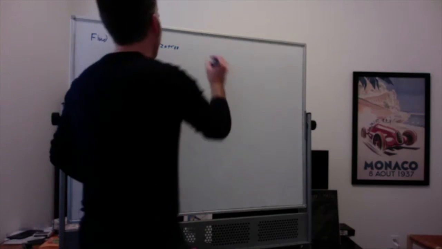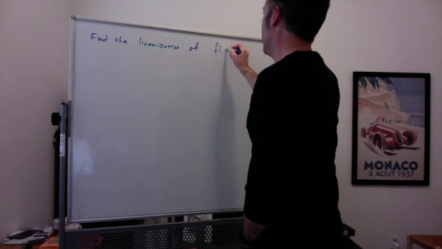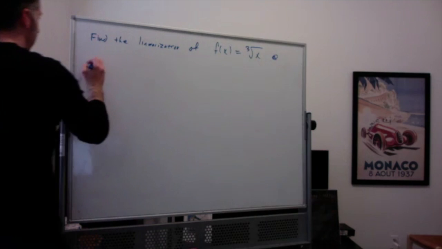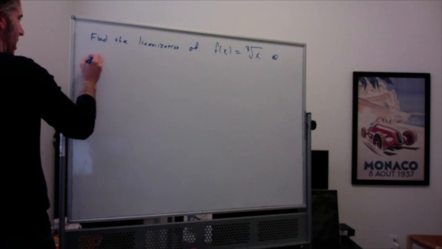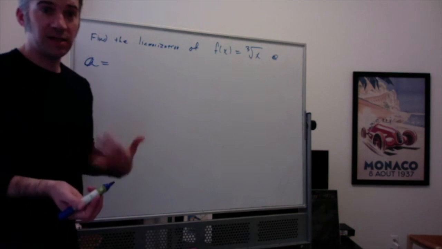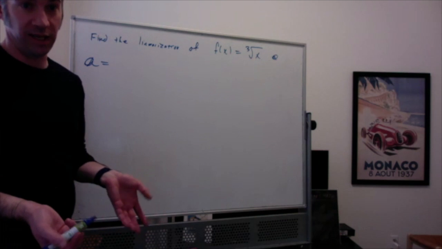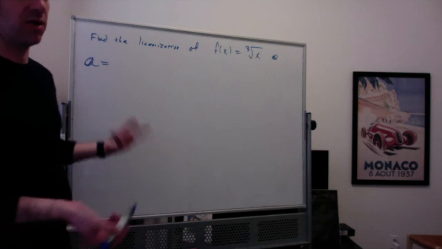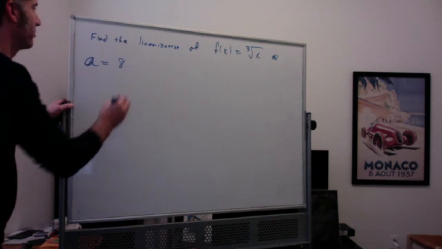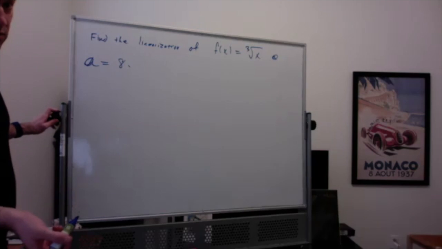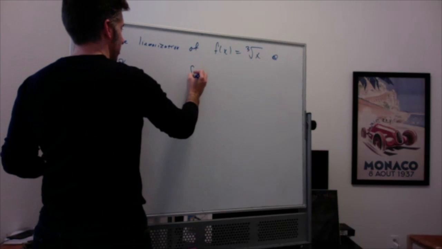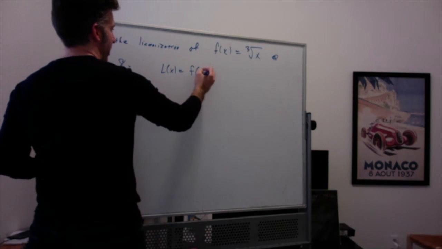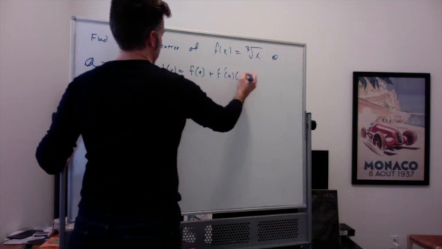Find the linearization of, say, f of x equal to the cube root of x at a equal to, typically it's going to be a value that is convenient to plug in, something that you can easily take the cube root of, like 8, 27, or 125, or 64. Let's do it at 8. Now, you can either just memorize the formula. You say, okay, well, sure, L of x is f of a plus f prime of a times x minus a.